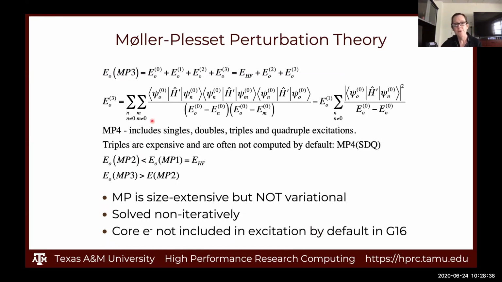Going to third order, you have these things called triple excitations. MP4 includes single, double, triple, and quadruple. I'm sorry, MP3 only includes double and quadruple excitations. You have to go to MP4 to include triple excitations where you're promoting 3 electrons.